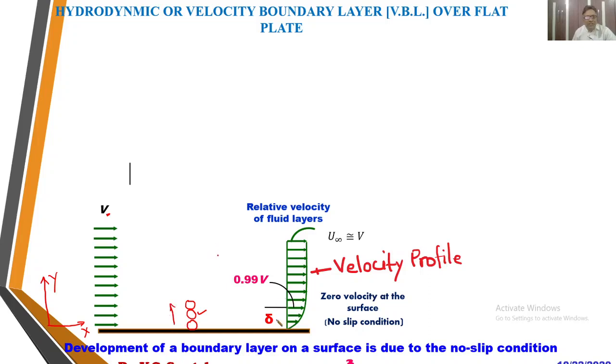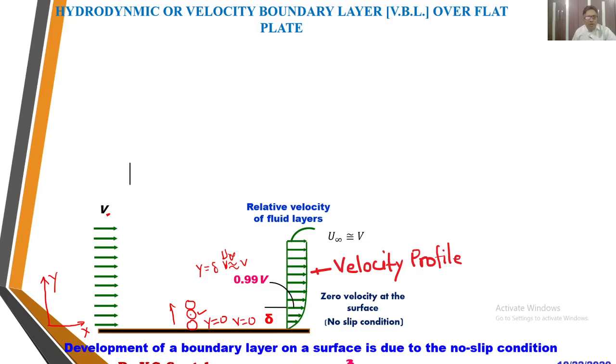in the y direction. That is, fluid velocity will be 0 at y equal to 0, that is at the flat plate surface, and fluid velocity will be approximately the approach velocity at some distance delta.